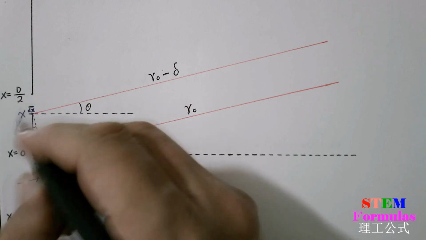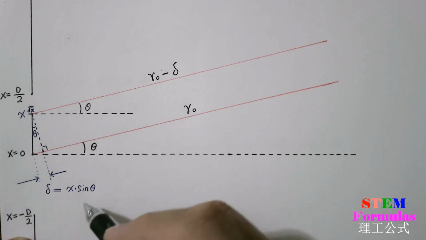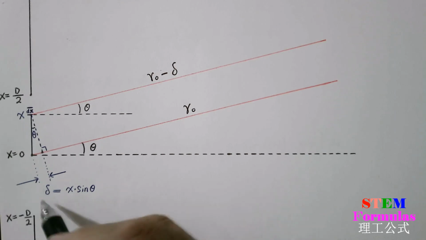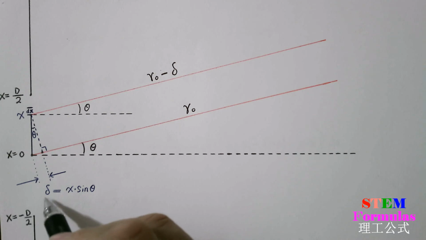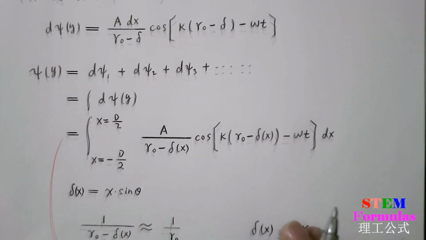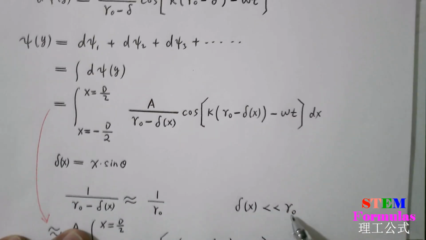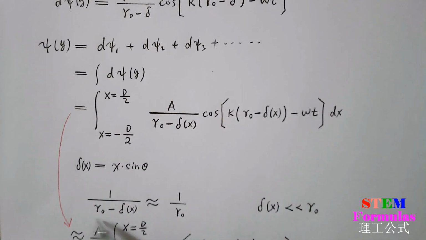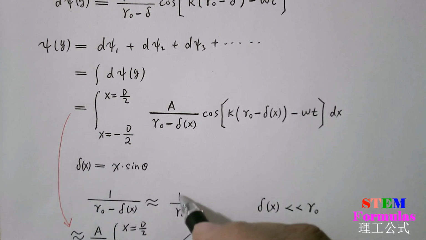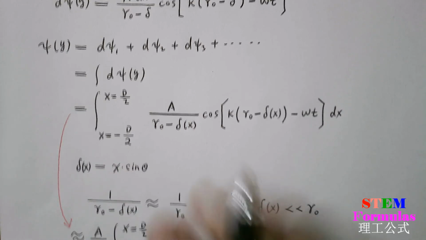Therefore, R0 is much greater than delta. Therefore, R0 minus delta is approximately equal to R0.